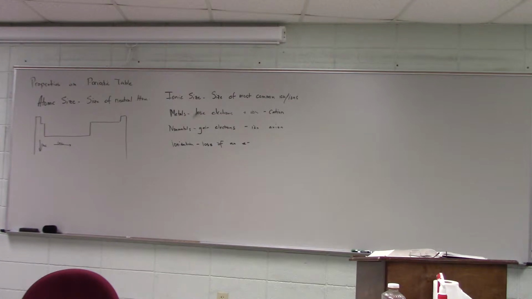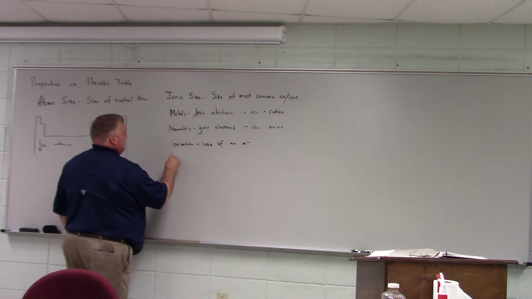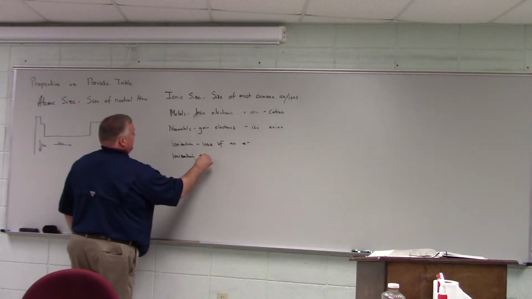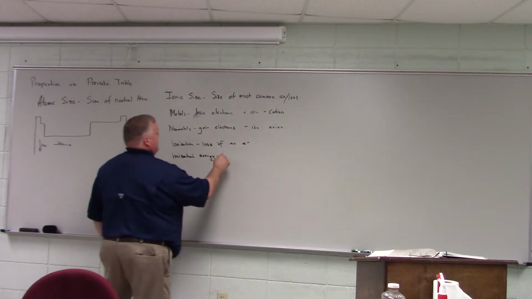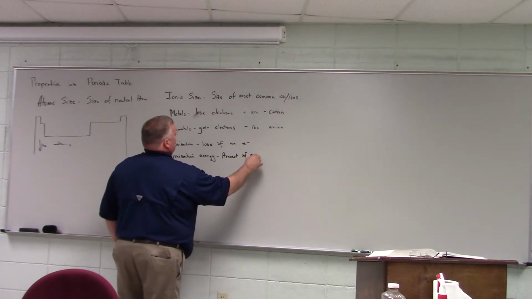So the electrons are held tighter. So as you go up in removal of electrons, it takes more energy. This ionization is governed by something called ionization energy. Ionization energy is the amount of energy to remove an electron.